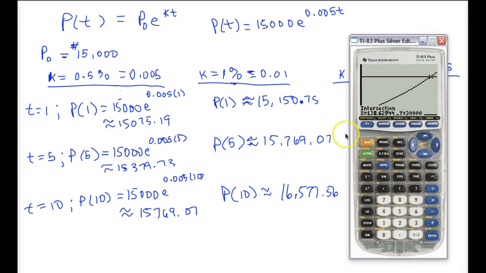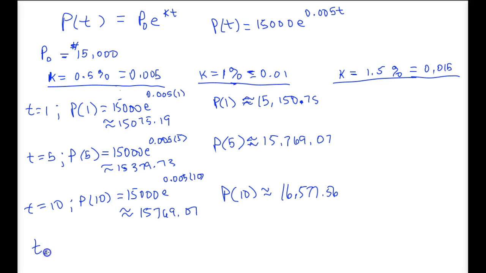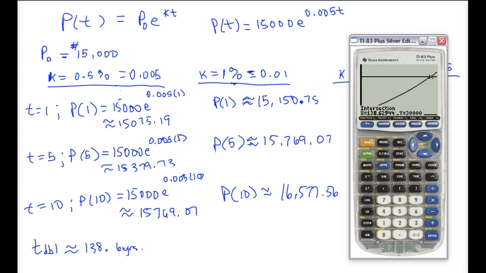So here for the doubling time, we'll just say this is T double. We know that's approximately 138.6 years. Now we'll do the same thing for whenever our interest rate is 1%.